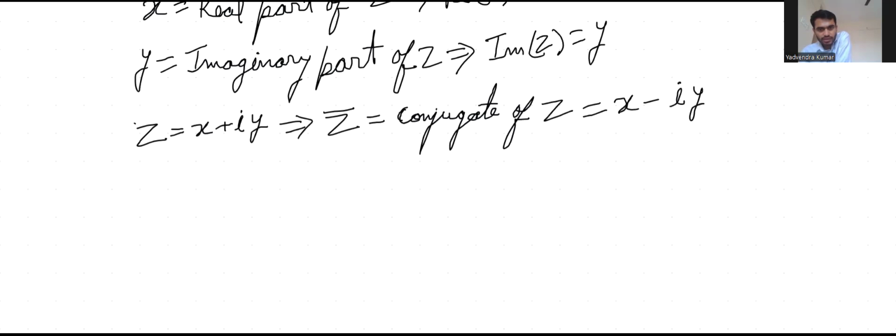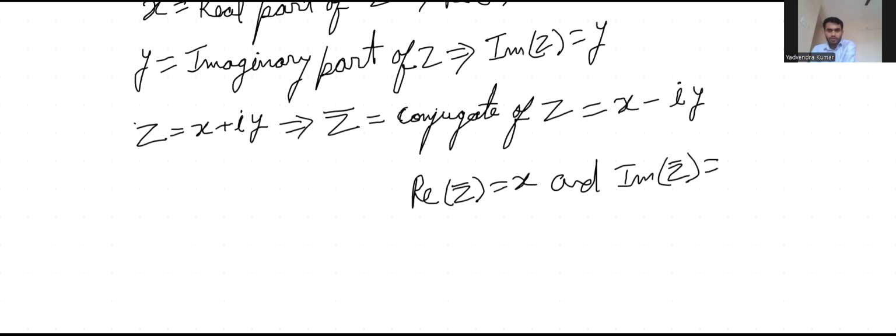Re of z bar is similarly x, and Im of z bar, the imaginary part of z bar, is going to be minus y. So now it's clear what the real part and imaginary part are.